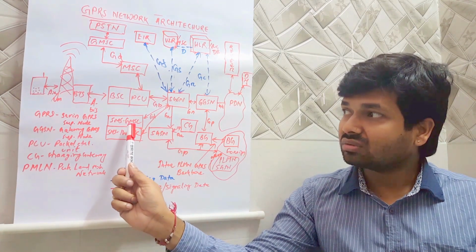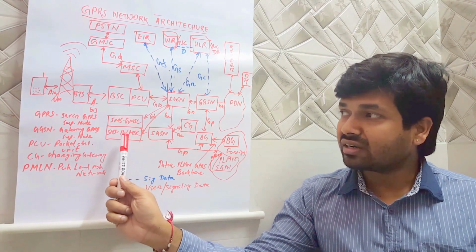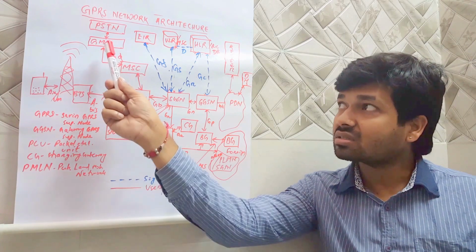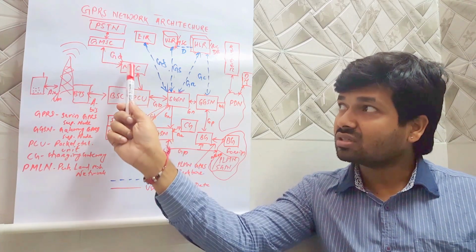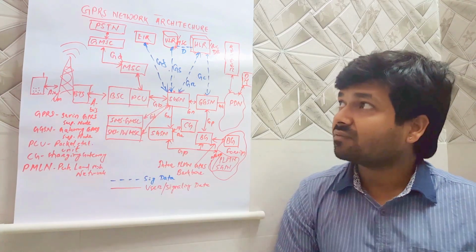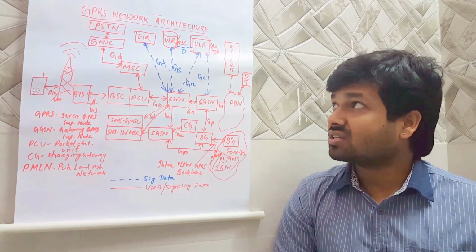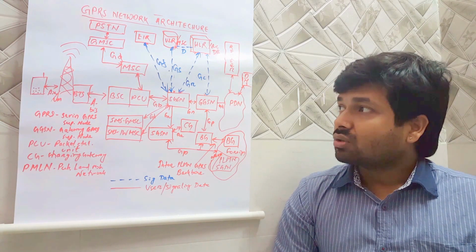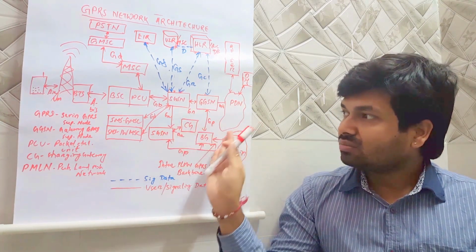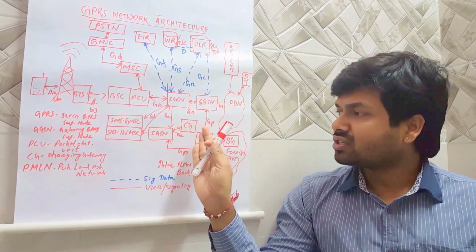So from the SGSN to the SMS GMSC and SMS interworking MSC, plus from the GMSC to the MSC we have the Gd interface, and from the GMSC again we have a connection towards the PSTN. So those are most of the interfaces and network entities we have covered.